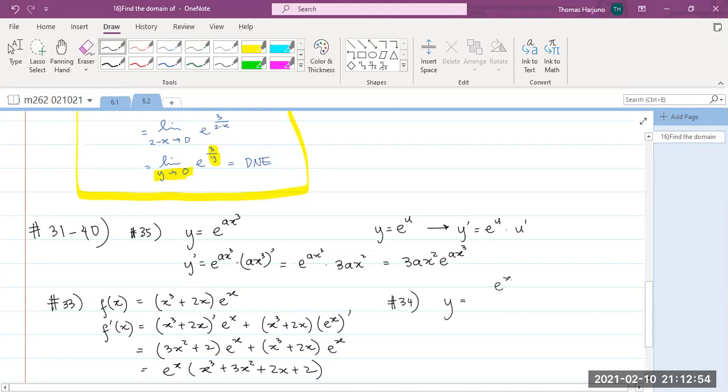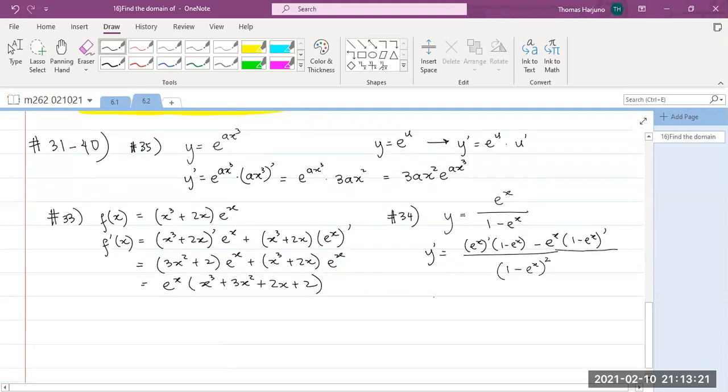e to the x over 1 minus e to the x. Then the derivative will be the quotient rule: the derivative of e to the x times 1 minus e to the x, minus the numerator times the derivative of the denominator, over the square of the denominator. Then I clean it up.